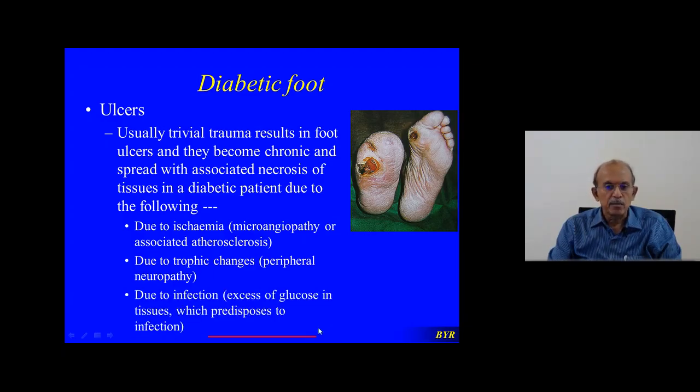And due to infection: the excessive glucose in the tissues predisposes to infection. So these three factors cause the ulceration: ischemia, neuropathy, and infection predisposition due to hyperglycemia.